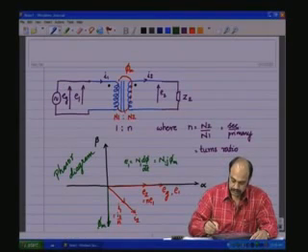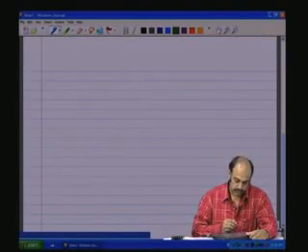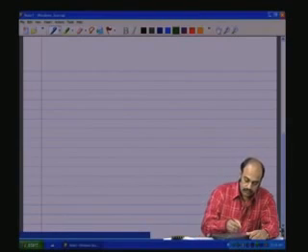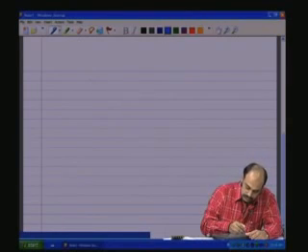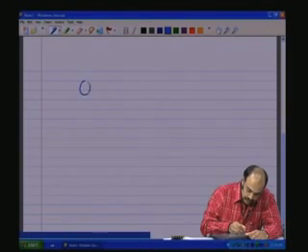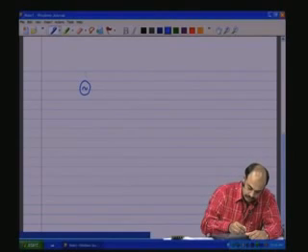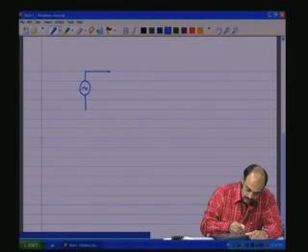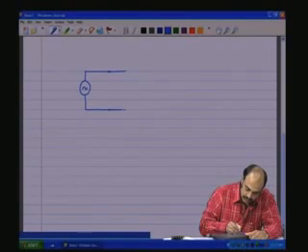Now, let us have a simple example to understand the various points here. So, we have an AC source, and the AC source is connected to the transformer terminals.